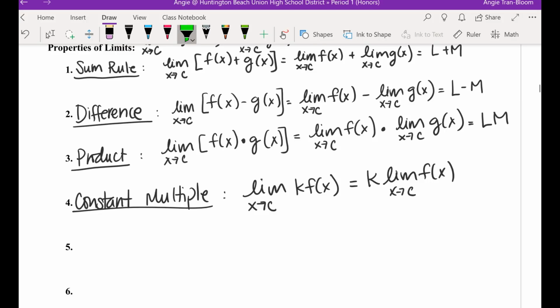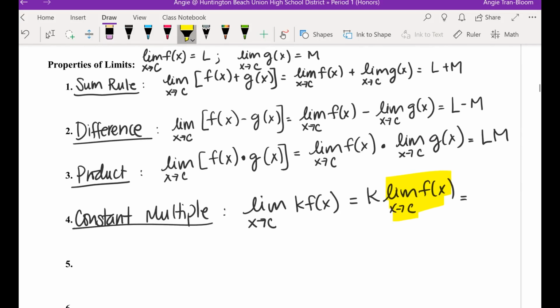You can technically find the limit of that first and then multiply by k. Well, if you already know the limit of f of x as x approaches c, which I gave you up here, then you can just take the constant times L.